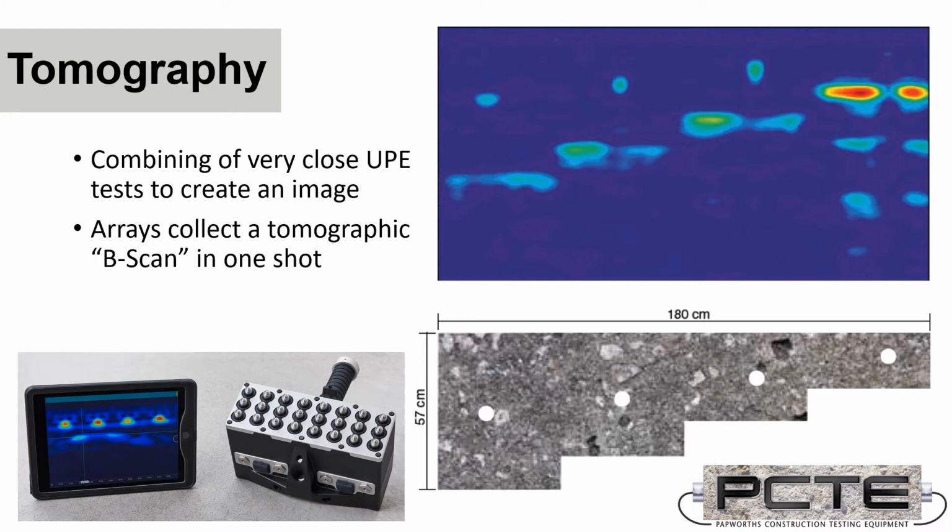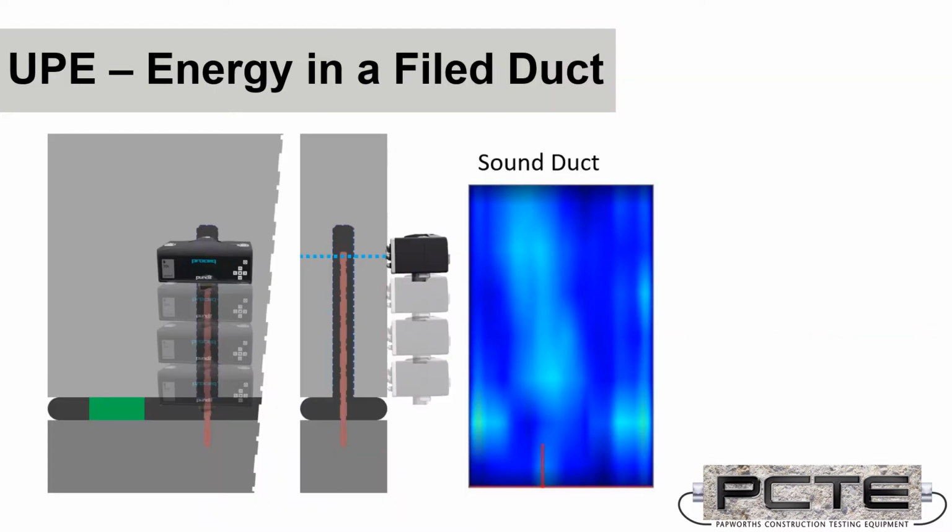So we can see here on this stepped cast slab, there is sensitivity to the voids, which are essentially a cast-in pipe, and the bottom of the concrete slab. Now, the conventional presentation of ultrasonic pulse echo data with tomography is to look at signal strengths.